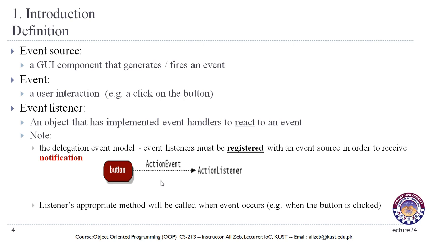Similarly, we associated different functionalities with the buttons. For example, if we click on the 1, it should display a 1 on the screen, and so on and so forth. And that was the process of event handling. We were handling the event for each of those buttons.